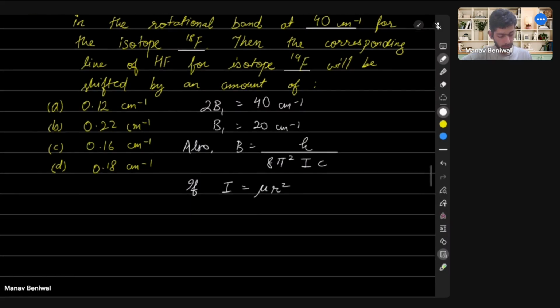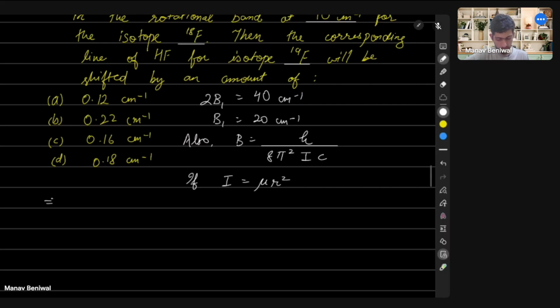Therefore, h over 8 pi squared mu r squared times c is 20. This is mu1.